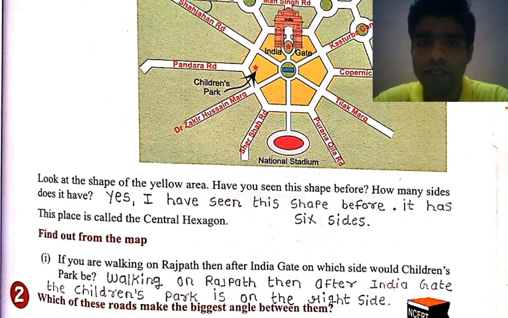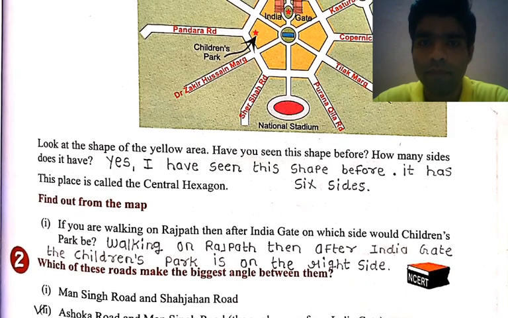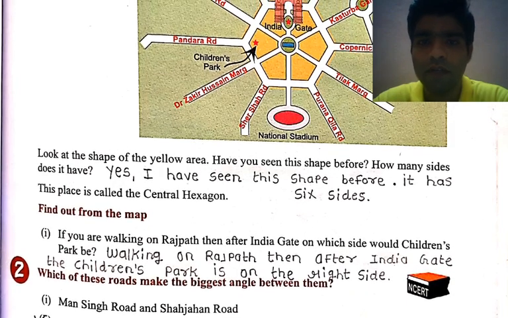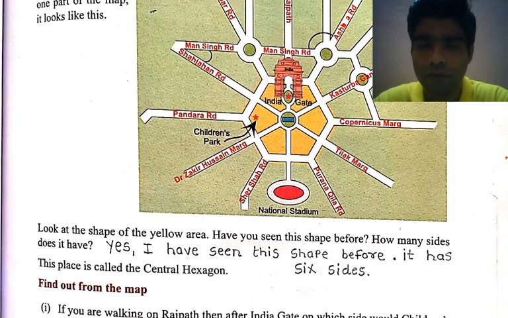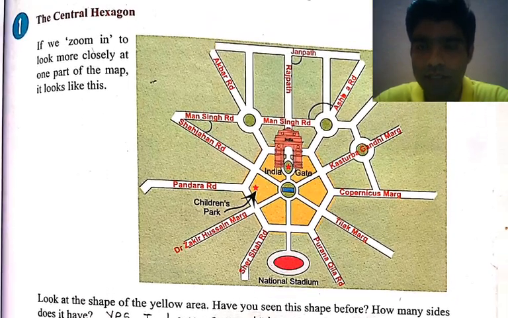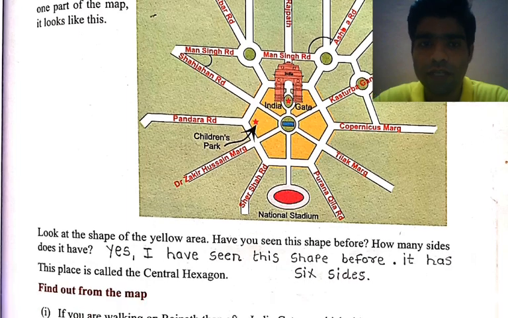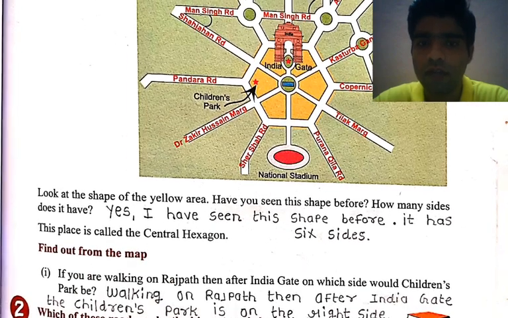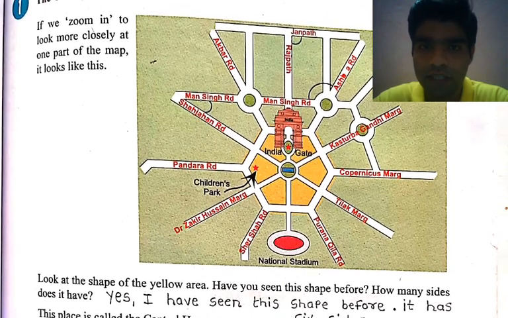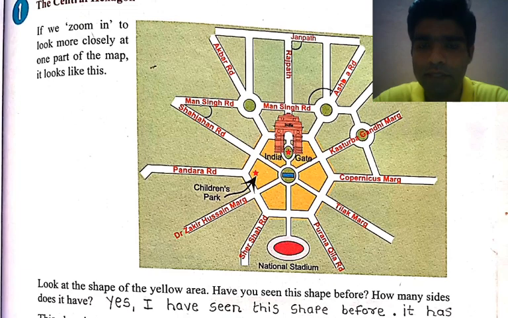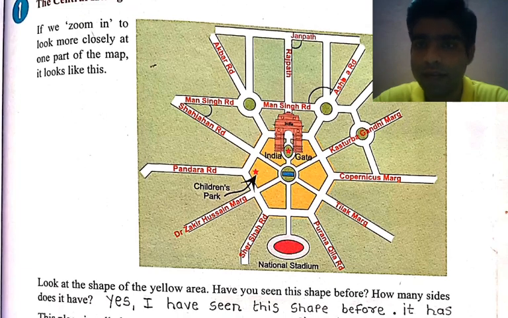Now listen here, this is our map, and by using the map we have to solve this question. This is our India Gate. Your question is: if you are walking on the Rajpath, then after India Gate, on which side would the Children Park be? This is our Children Park, and it will definitely be on the right hand side.